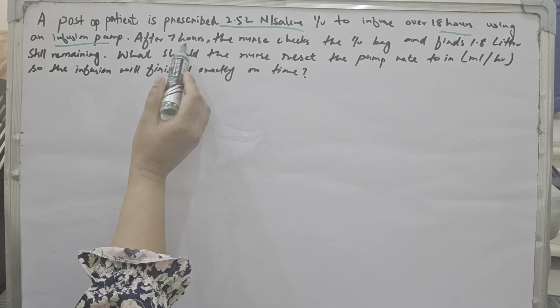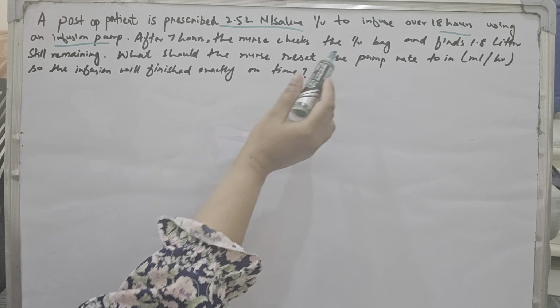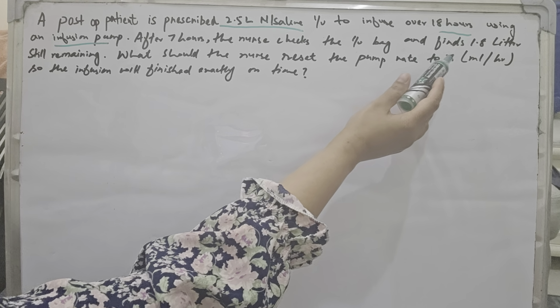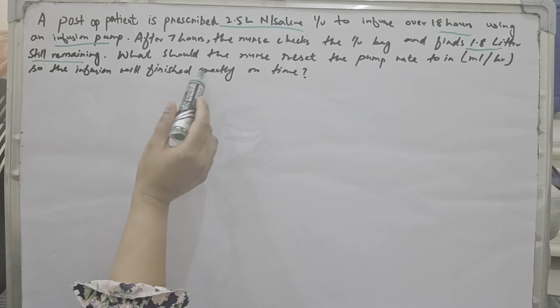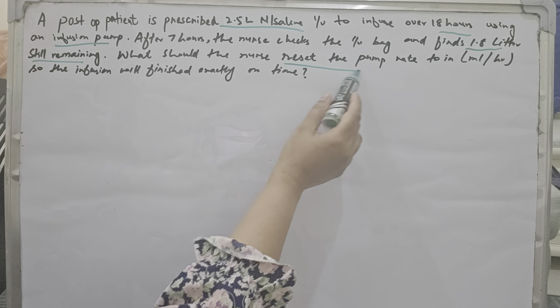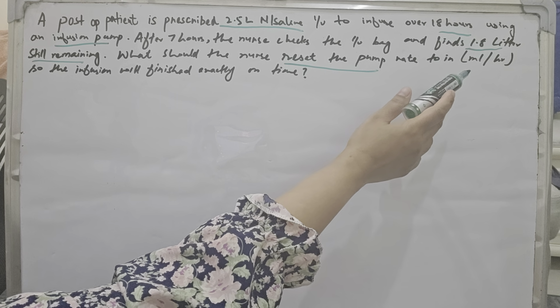After 7 hours, the nurse checks the IV bag and finds 1.8 liters still remaining. What should the nurse reset the pump rate to in ml per hour?